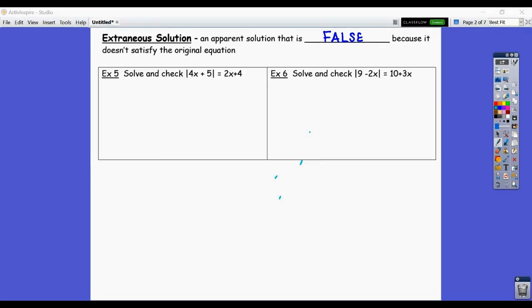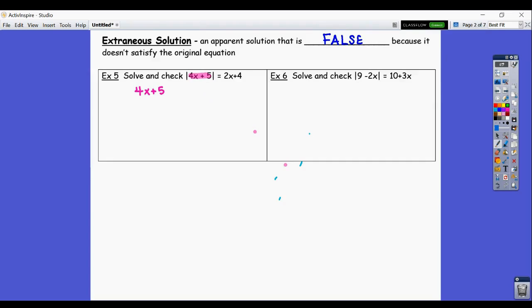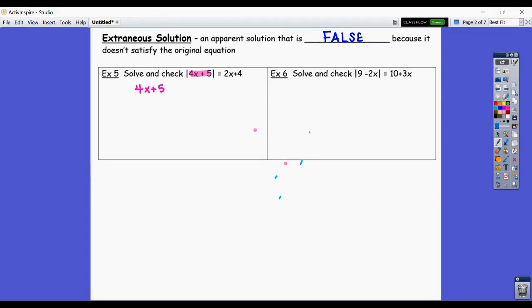So remember, take what's inside my absolute value unchanged outside of it, but then you have to account for the distance, which is the same negative from 0 as it is positive from 0. So what I'm going to do is take this 2x plus 4, keep it positive, but then I'm going to write my second equation, second solution.